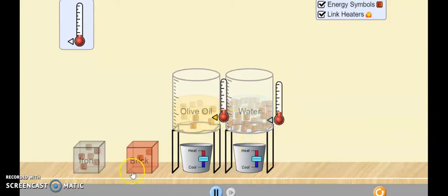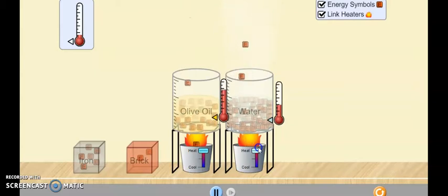So right now let's put heat to both of them. You can see the flowing of thermal energy. It's faster in olive oil than in water. You can see the increase in temperature here and here, between both of the materials.